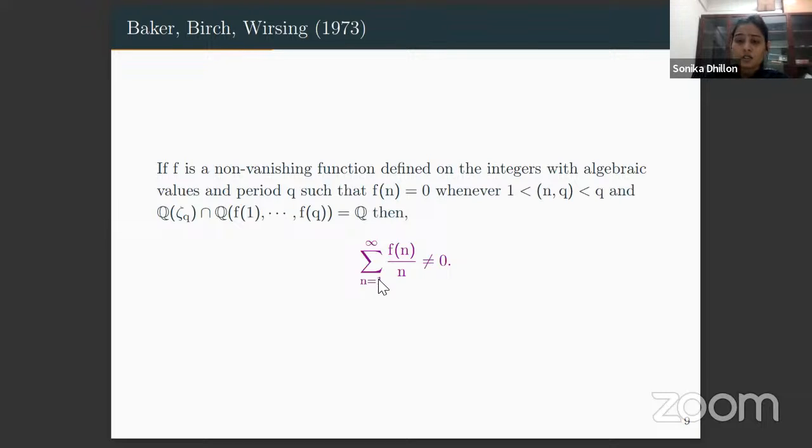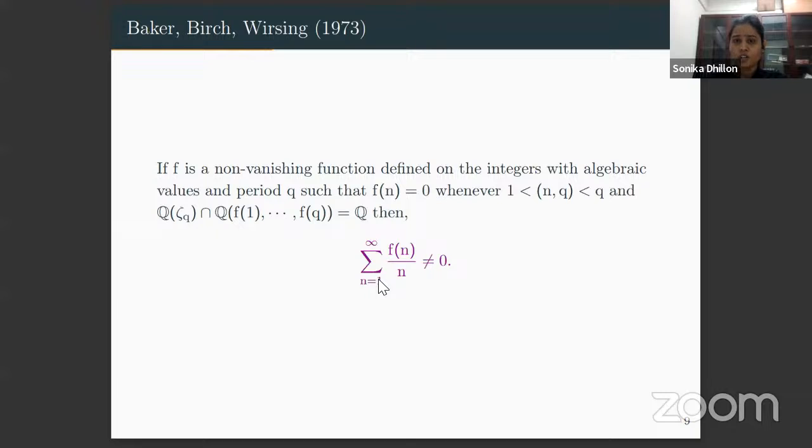And another condition that they have assumed is that the field generated by the values f(i) over the field of rationals has a trivial intersection with the cyclotomic field. Then in that case, the series sum will not be equal to 0.